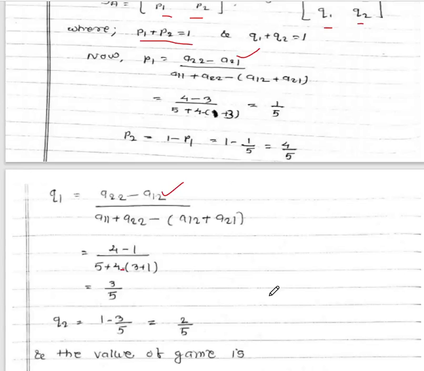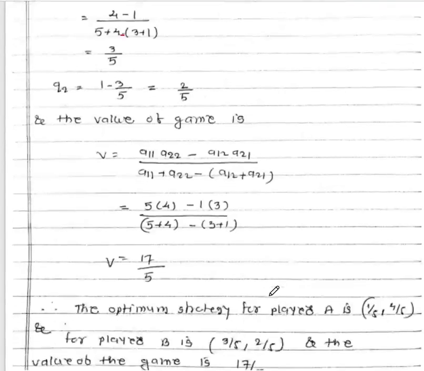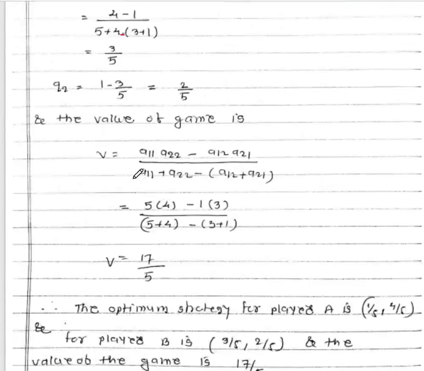Now we will find the value of the game, and the formula is given as v equal to a11 a22 minus a12 a21 divided by a11 plus a22 minus a12 plus a21. Putting the values from the given payoff matrix, we get 17 by 5.